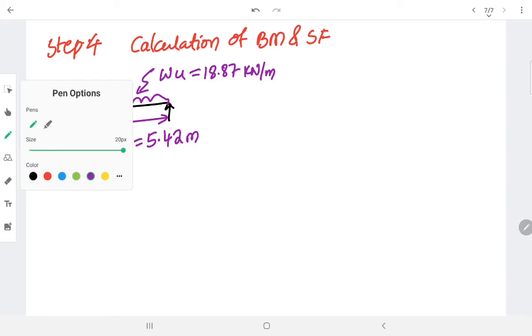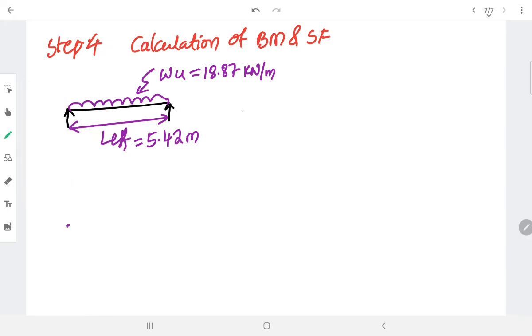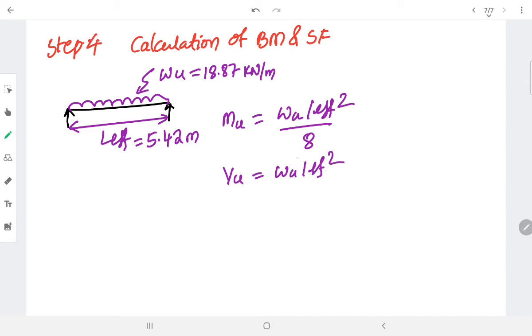Next, I will be calculating bending moment and shear force. I think you might have known about the simply supported beam. So I will be writing MU and VU instead of BM. MU is equal to WU L effective square divided by 8, and VU is equal to WU L effective by 2.